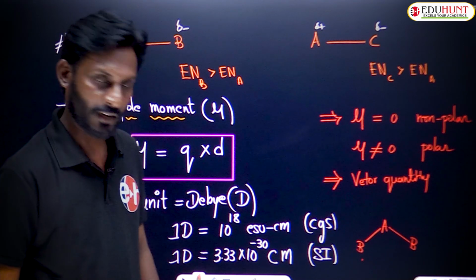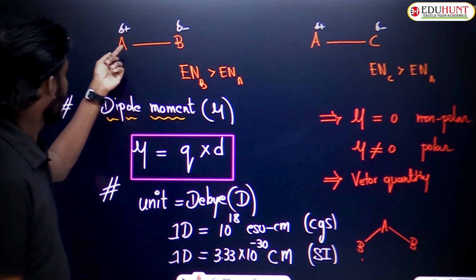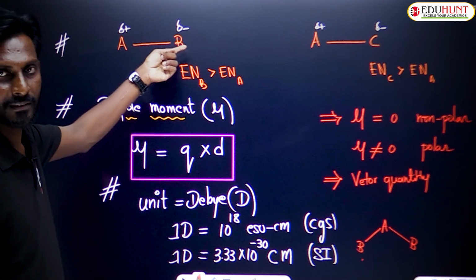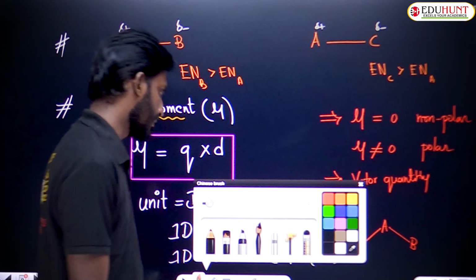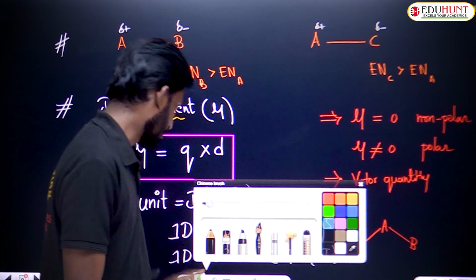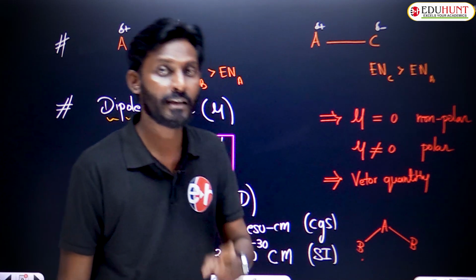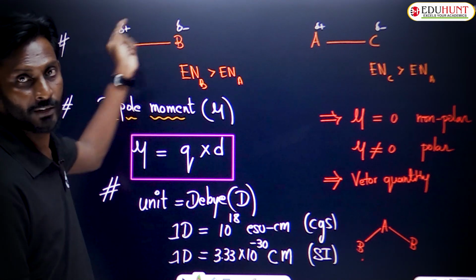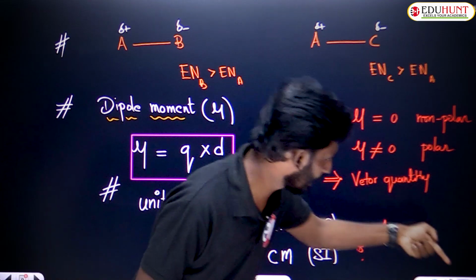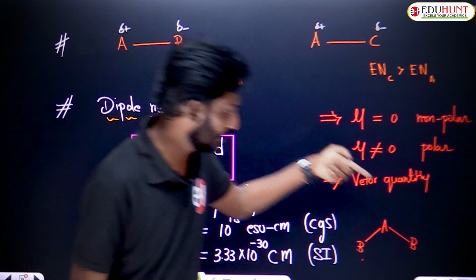Now let's consider that B is more electronegative than A, then the dipole moment is from A to B, in this direction.